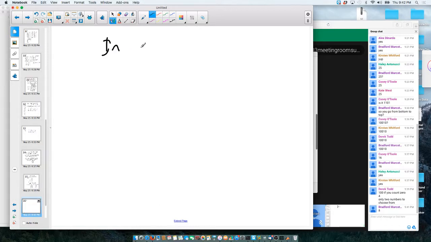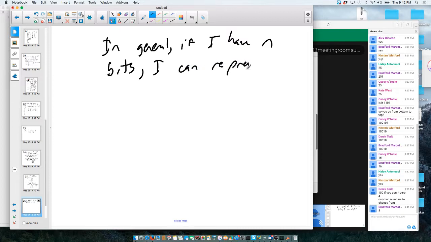So in general, if I have n bits, where n is any number, I can represent 2 to the n combinations. 2 times 2 times 2 times 2.